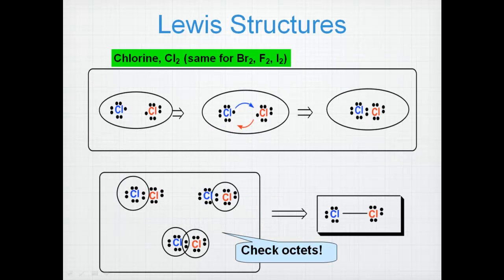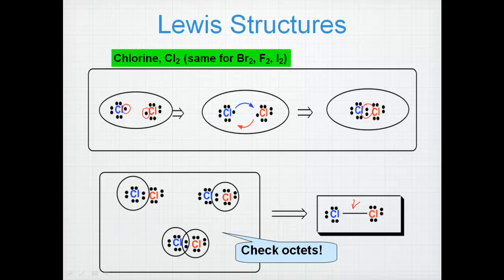The same thing will occur with chlorine. Each chlorine has a single electron. The other ones are all shared and paired together. What ends up happening is the two electrons between both chlorines will come together and be shared to form a bond.